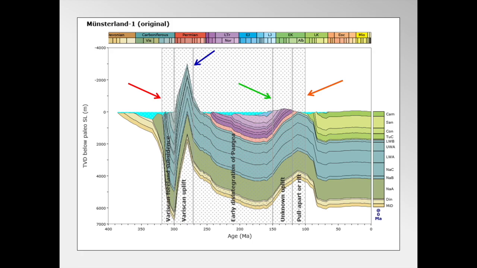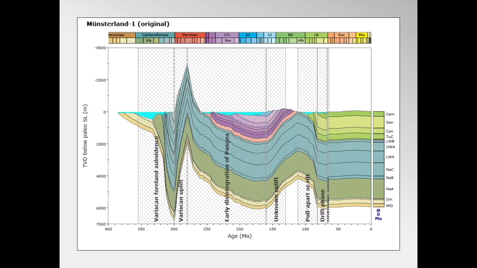The proposed extensional event in the Cretaceous, shown by the orange arrow, appears to have begun with the renewal of sediment accumulation in the Aptian, and ended at 82 MA, when the most rapid phase of subsidence ended. The rift phase seems to have been followed briefly by a drift phase from 82 MA to 67 MA before it was terminated by another uplift event.